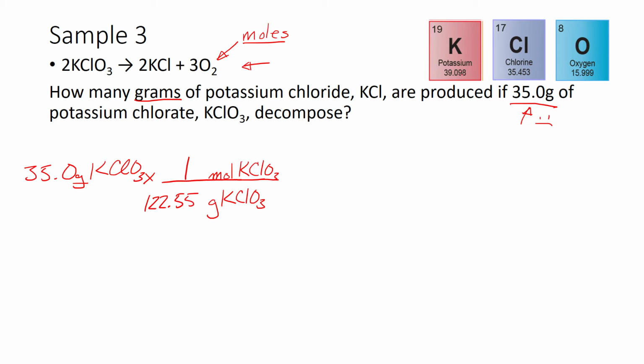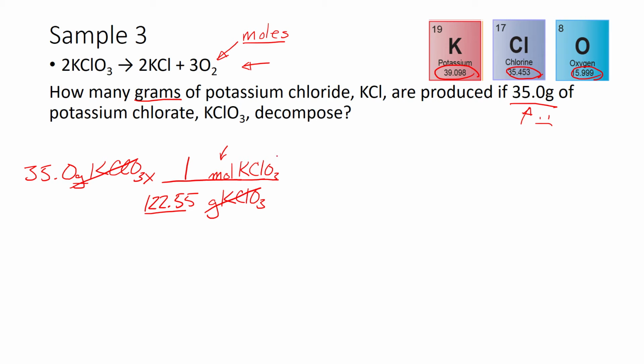Well, I added up all of these molar masses. There's 1 potassium, there's 1 chlorine, and there's 3 oxygens. If you need some extra help, you could look up my other video about finding the molar mass of compounds. But here's the molar mass. I know that 1 mole of potassium chlorate weighs 122.55 grams. Great, that gets us out of grams.